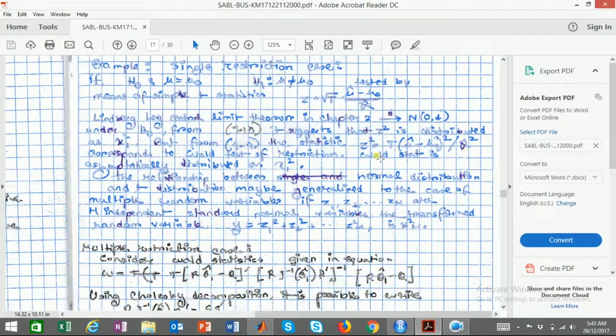But from 4.4, the statistic z square, T times mu hat minus mu naught whole square divided by sigma square, corresponds to the Wald test of the restriction. The Wald statistic is asymptotically distributed as chi-square.